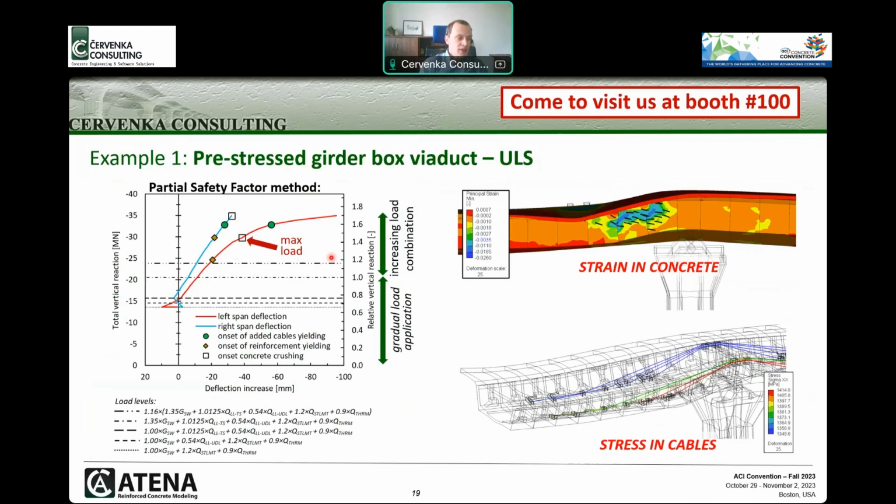You can see that soon after this level, we observed in the model yielding of the reinforcement bars. Actually, this is for the left span when the loading was introduced. However, according to the design procedure, this was not the ultimate load-bearing capacity.